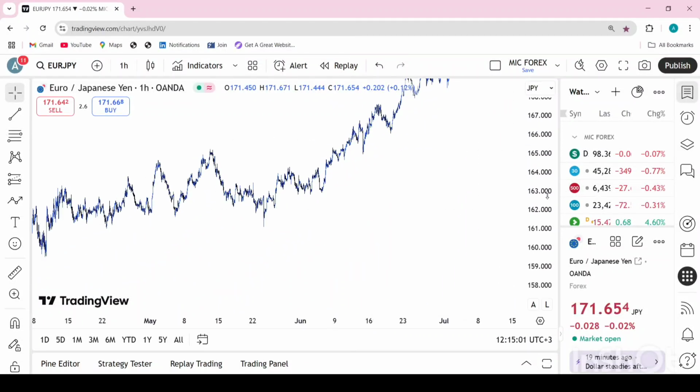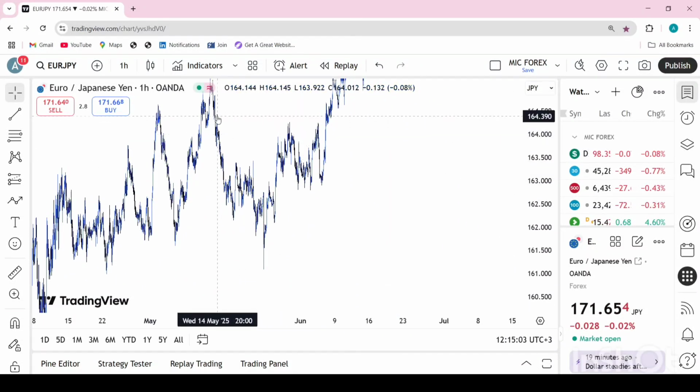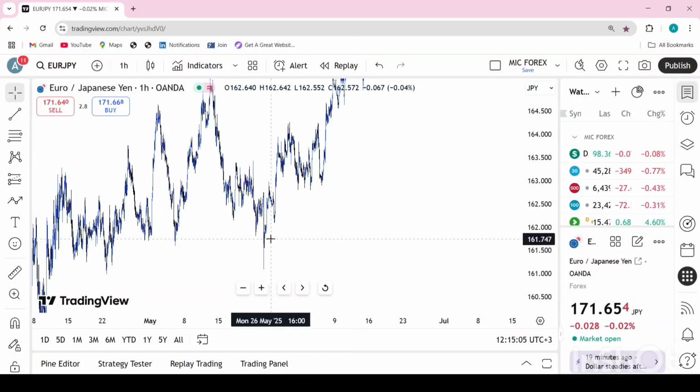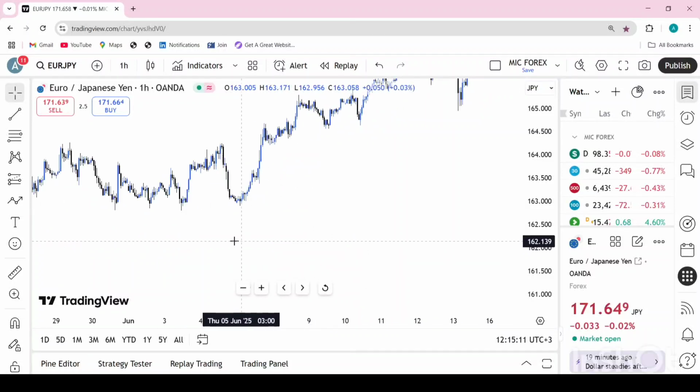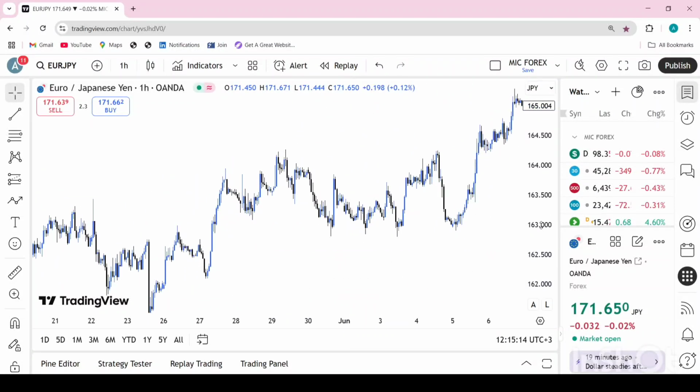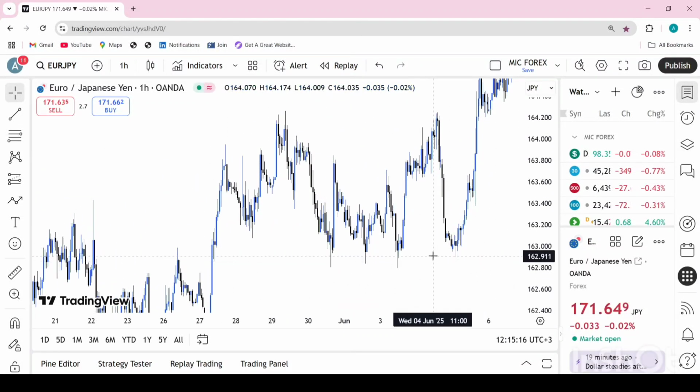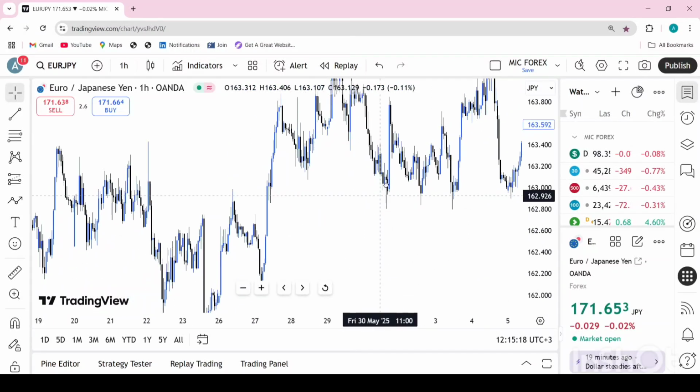If you consider this one as a downtrend, then that is where we have the major reaction point. So let's look at these reaction points in this area and try to see if we can find what you're referring to.